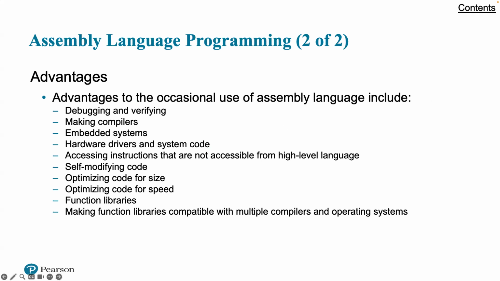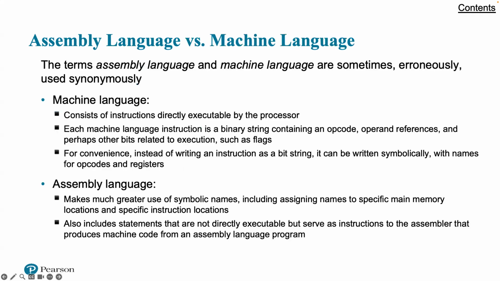You can make things go faster. It can be helpful if you have an embedded system, and so you don't want a lot of overhead for something like that. It can be optimized for size and speed. So you have limited memory, you want it to go fast. Thus, you can put things in assembly language, and all that's going to be helpful.